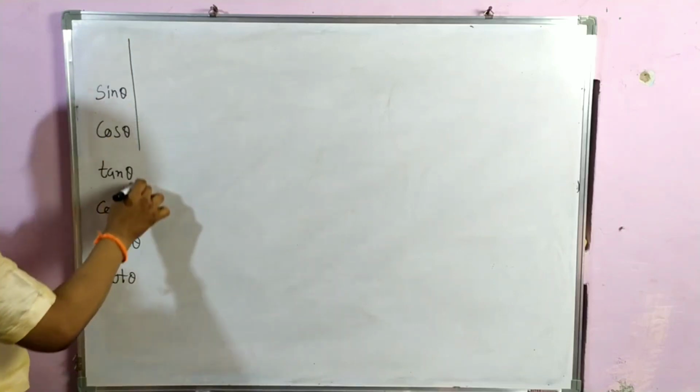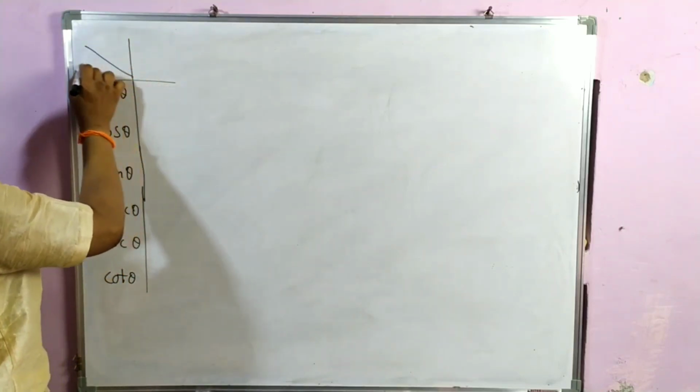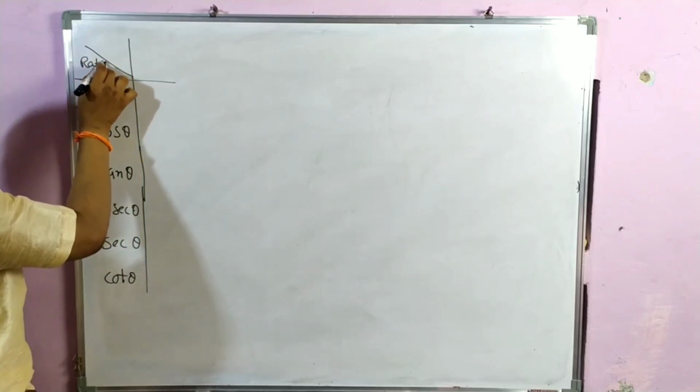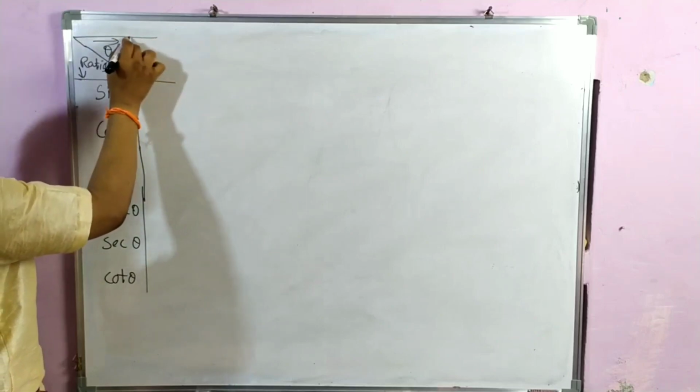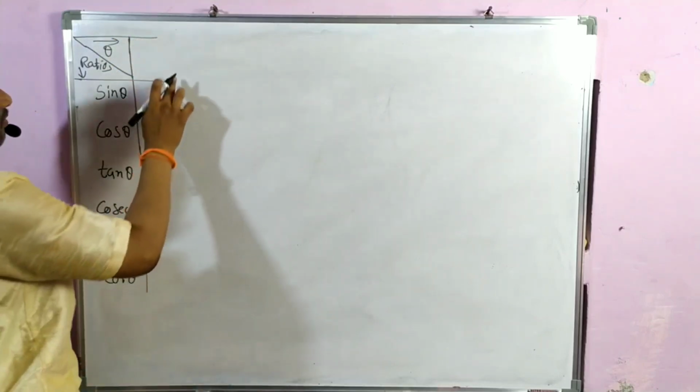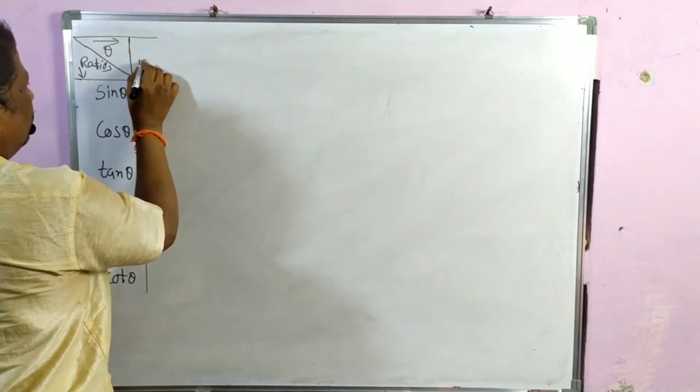So here ratios are coming in this way, angle going in this way. Okay, first angle we will take 90 plus 30 degrees, which means 120 degrees.